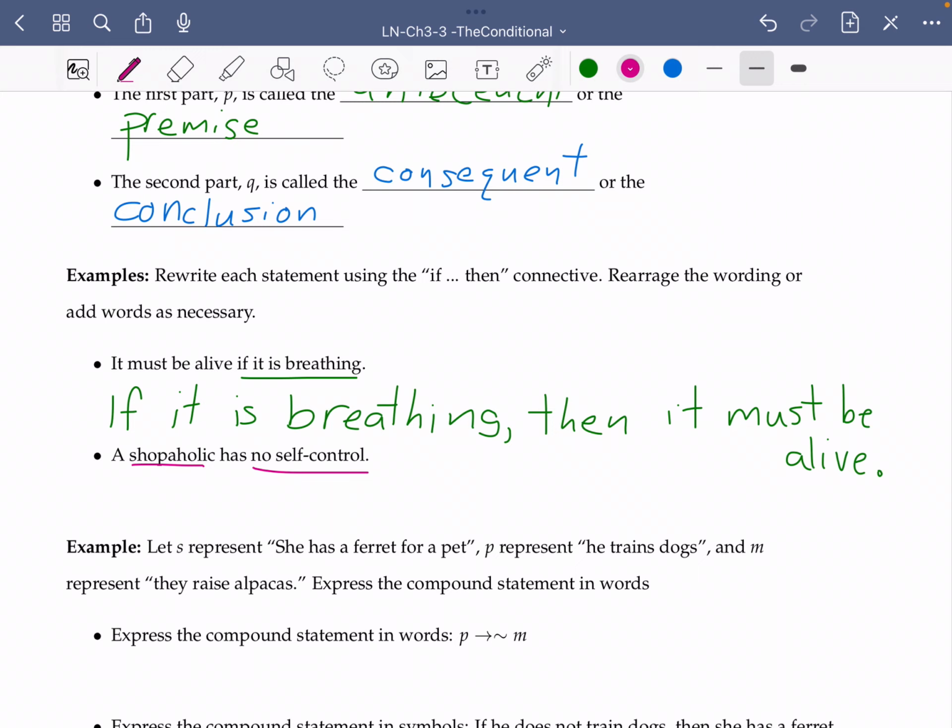And so if we were to write this as an if-then statement, we would say, if they are a shopaholic, then it has no self-control.